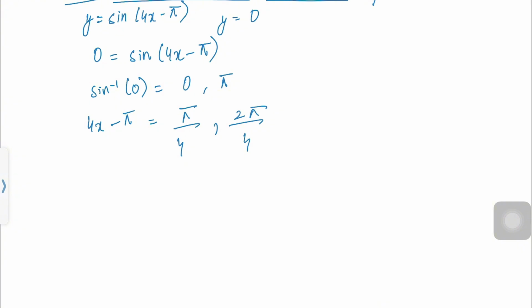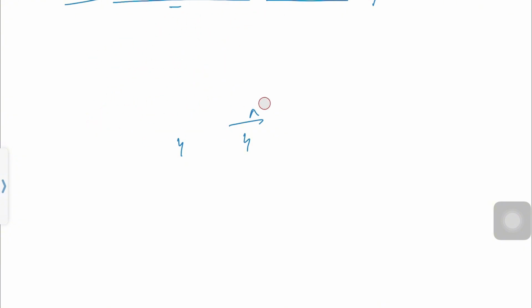No, I don't think this would be like this. No, this can't be like this. Wait, it can't be 2 pi by 4, I guess, since it's not pi by 2.